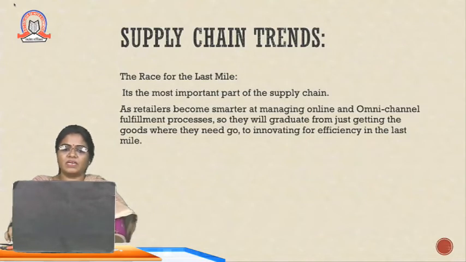The race for the last mile, it's the most important part of the supply chain. As retailers become smarter at managing online and omni-channel fulfillment processes, so they will graduate from just getting the goods where they need to go to innovating for efficiency in the last mile.